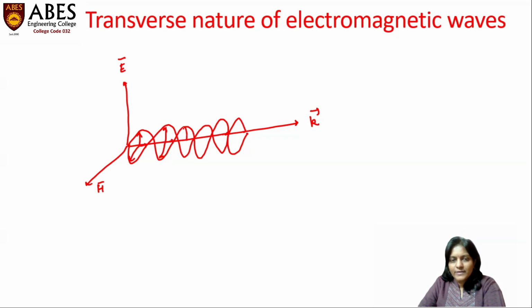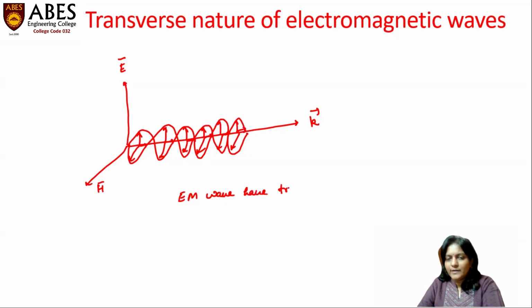It shows that if this is the propagation vector, and this is the way that the electromagnetic wave travels, it has a transverse nature. It shows that EM waves have a transverse nature.